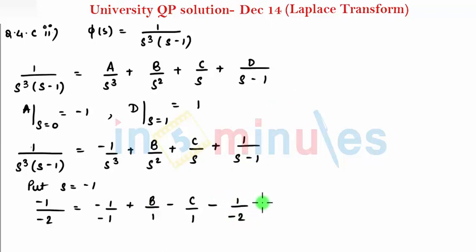So b minus c is equal to 1 by 2 plus 1 by 2, minus 1 by 2 on the other side, and the minus signs cancel, so that becomes minus 1. So b minus c is equal to minus 1. This is my first equation.